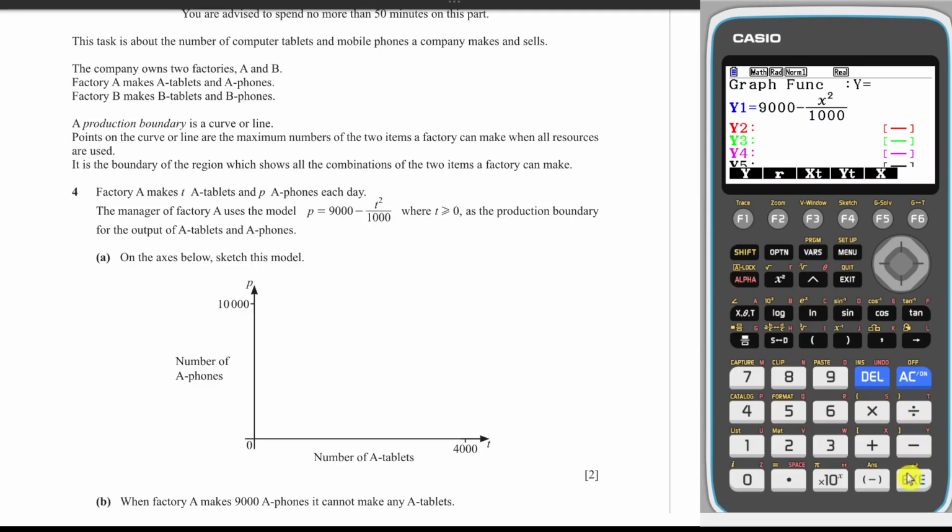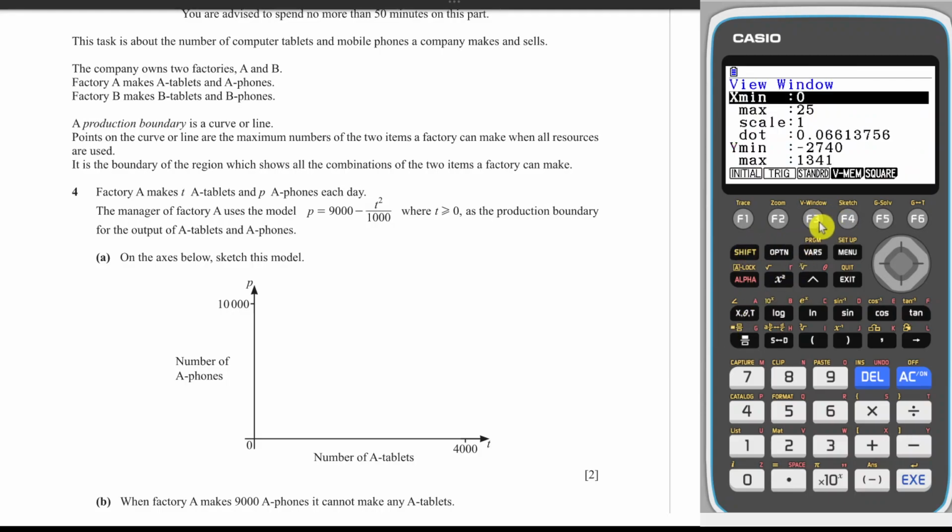I also need to set my x minimum and y minimum to 0. Let us first do this right away. X minimum is 0 and maximum is 4,000. Scale doesn't matter, I'll just keep it as 100. And y minimum is again 0, and y maximum is 10,000.